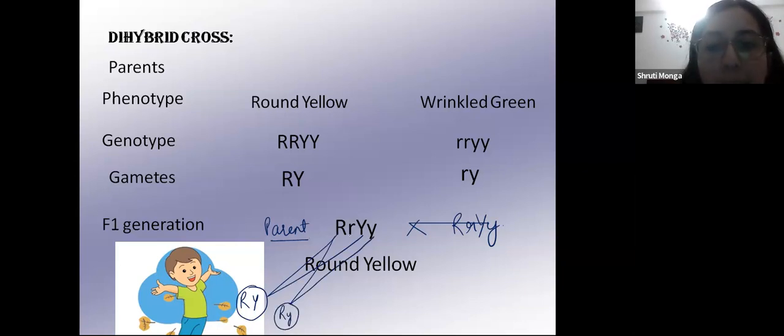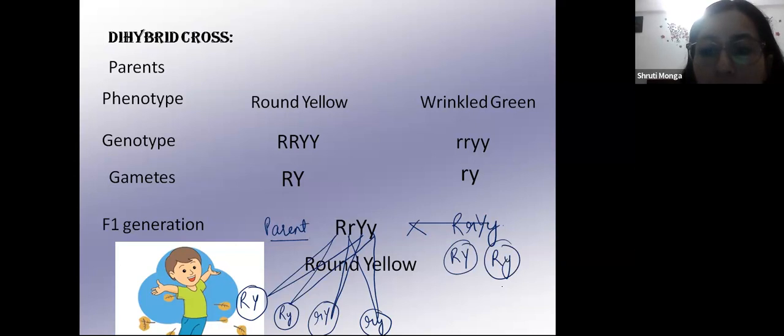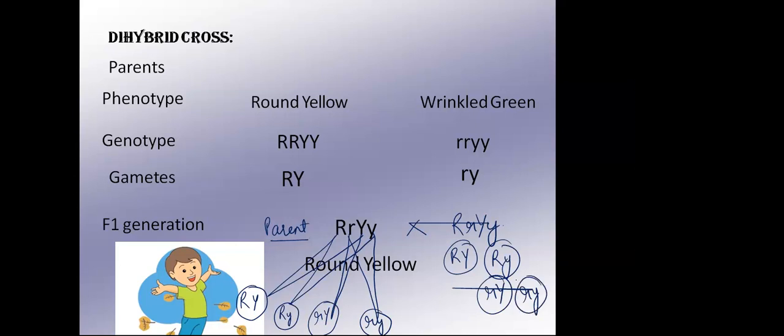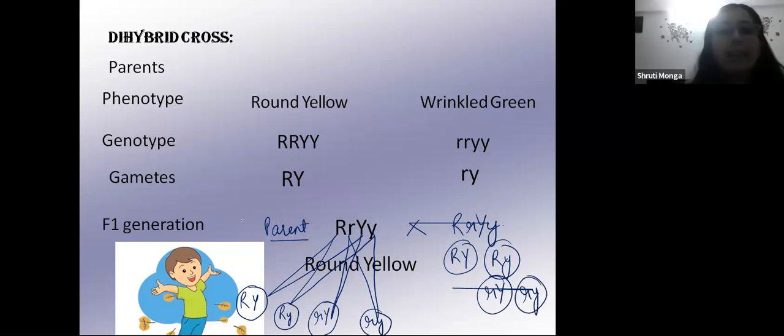Then multiply small r with capital Y. Then multiply small r with small y. And it would be the same for the second parent also. I'm not making it again because you know how it came. Clear? Okay, ma'am. Now these are the gametes for the F2 generation. Clear?